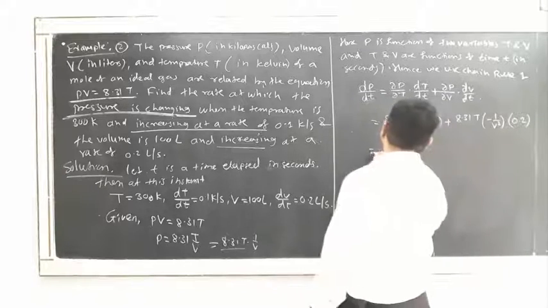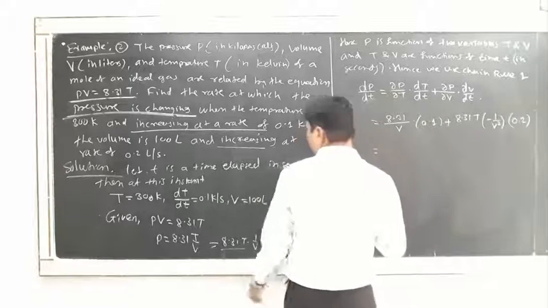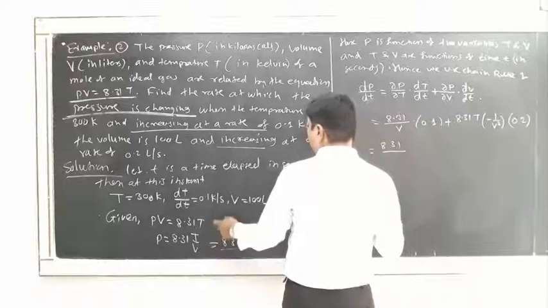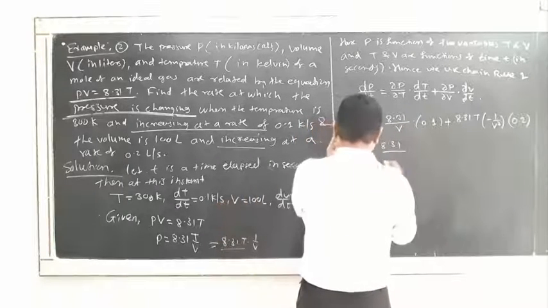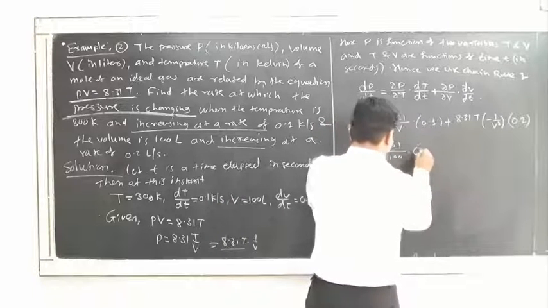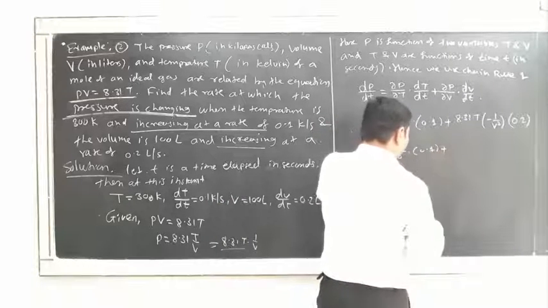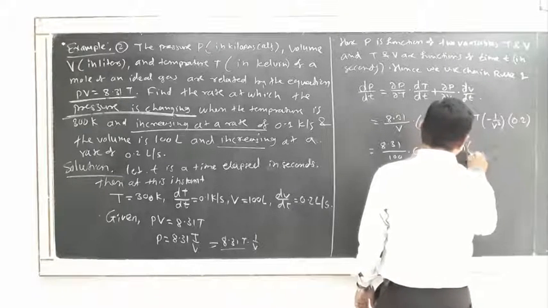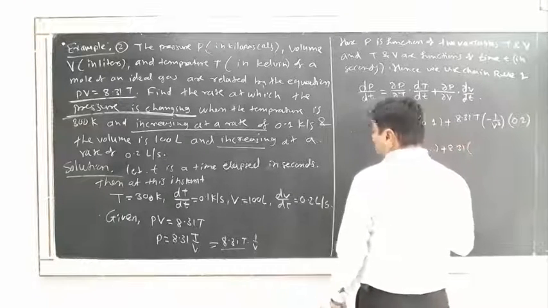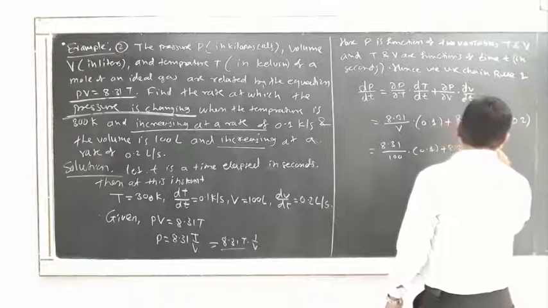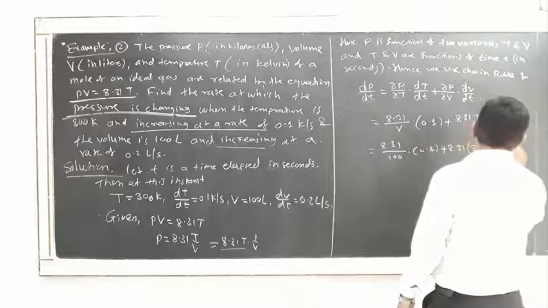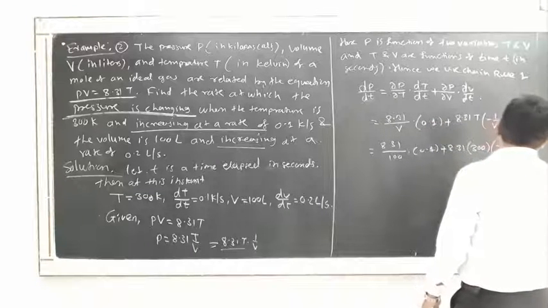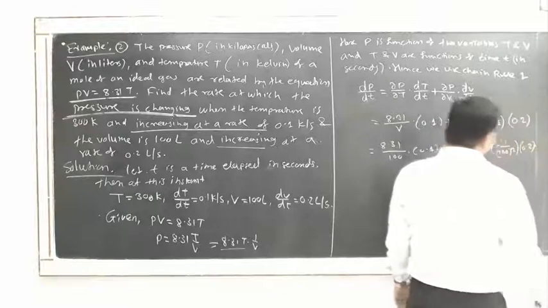Now just put the values of T and V: 8.31 upon the value of V, which is 100, into 0.1, plus 8.31 into the value of T, 300 Kelvin, into minus 1 upon 100 square into 0.2.